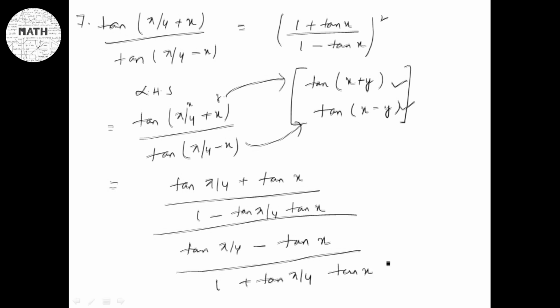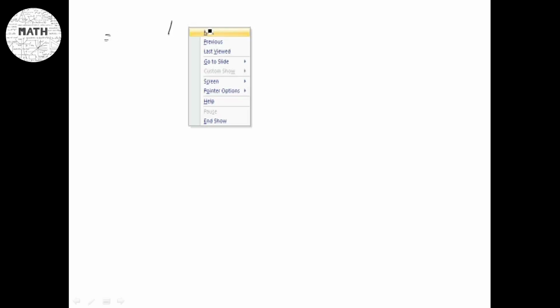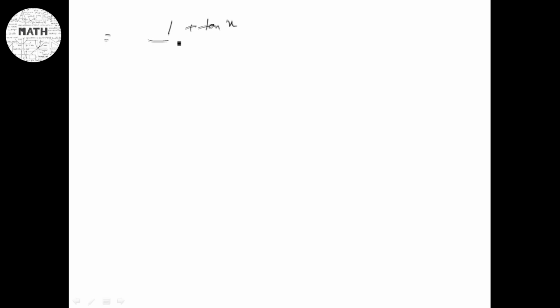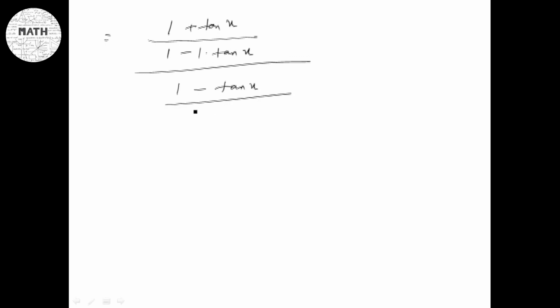All right, in a similar manner, that will be nothing more than (1 plus tan x) divided by (1 minus 1 into tan x), and then similarly (1 minus tan x) divided by (1 plus 1 into tan x).